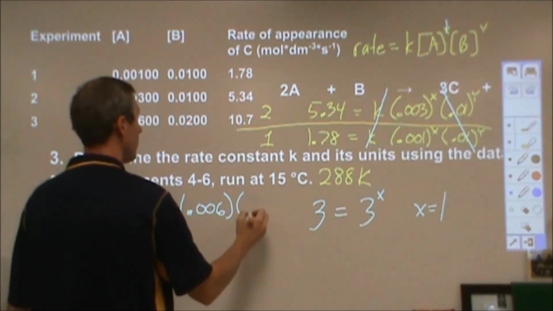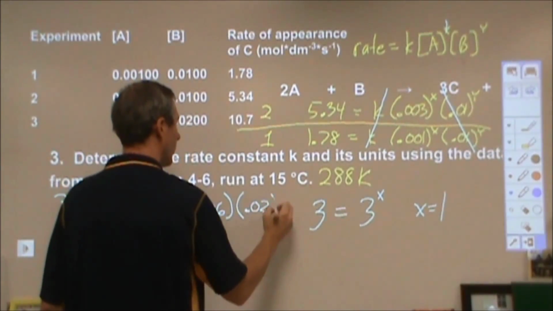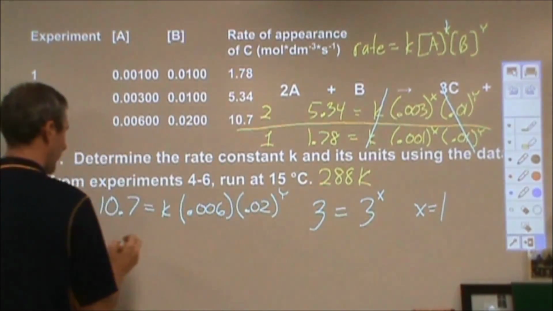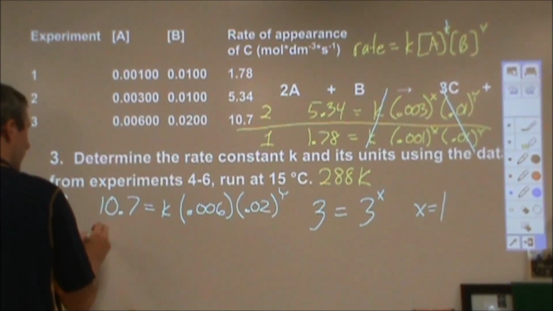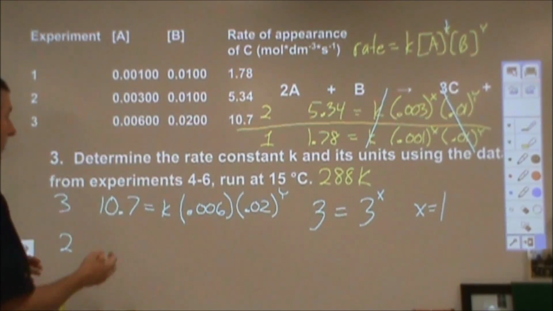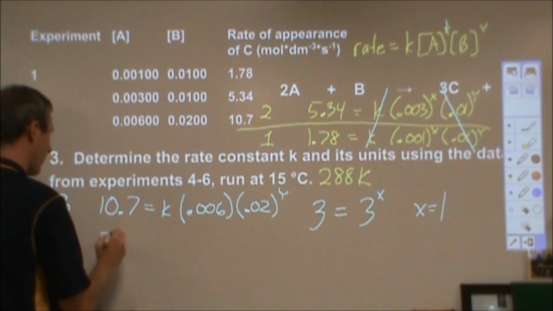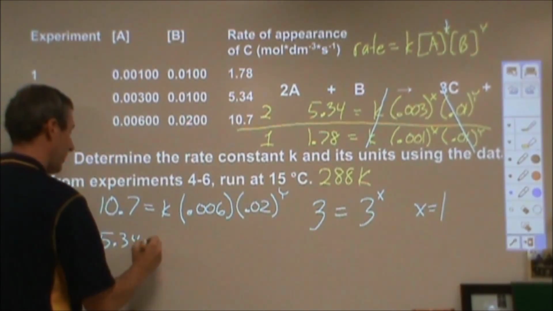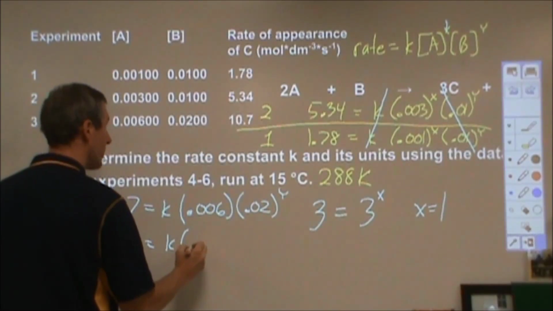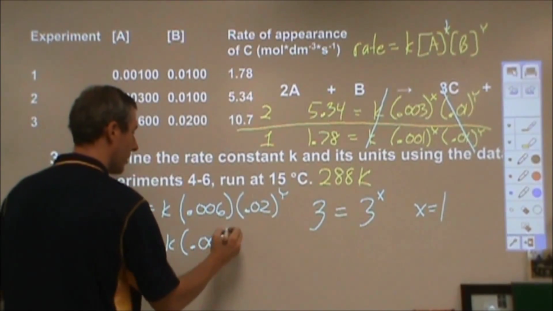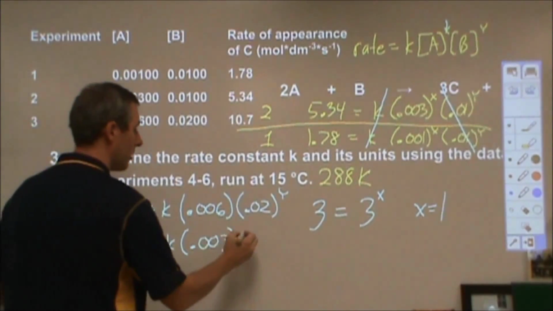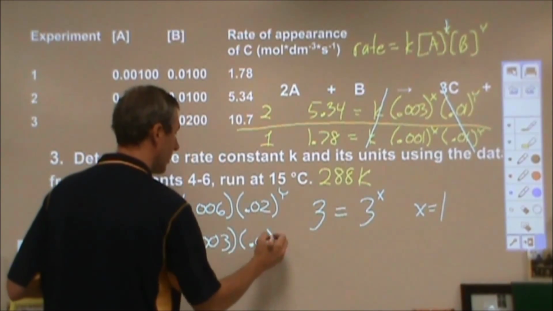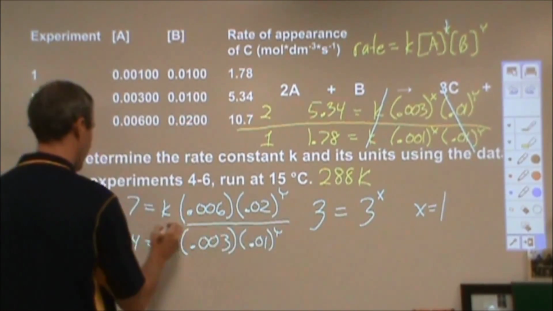And times B, 0.02 to some power that we don't know. I'm going to do experiment 2 then, divide the whole thing by it. So experiment 2, I have 5.34 equals K times 0.003 to the first power times 0.01 to the y power.